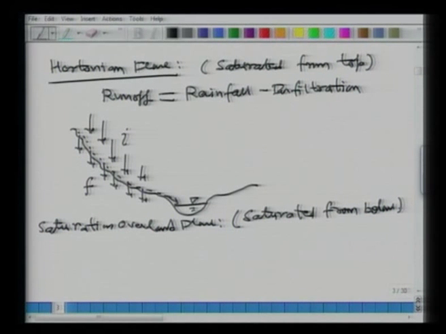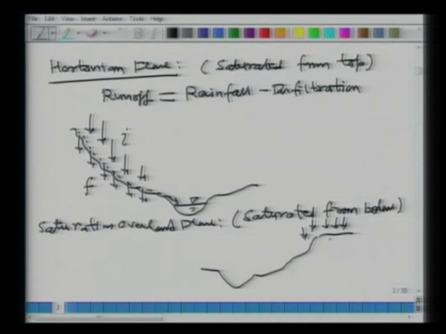Okay, what do we mean by that? So we may have a situation like this. Rain may be falling in some hilly areas in the upstream reaches of the catchment.